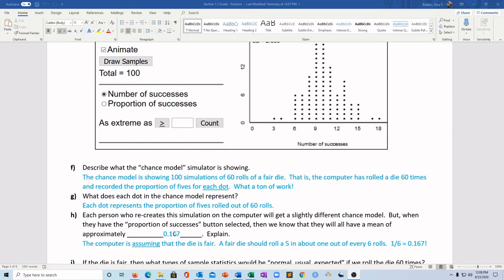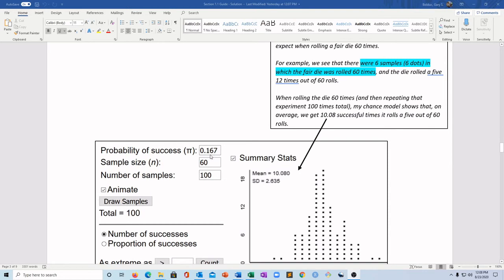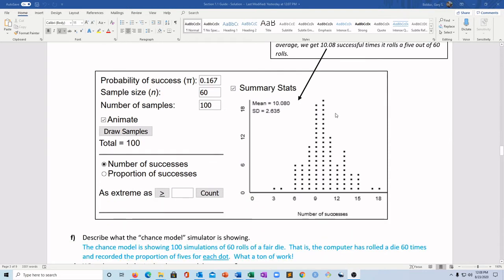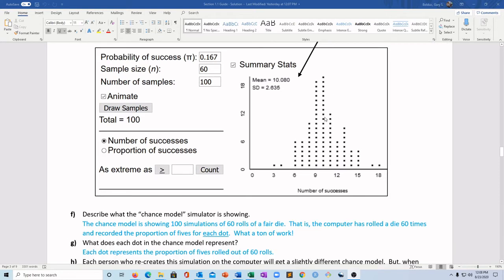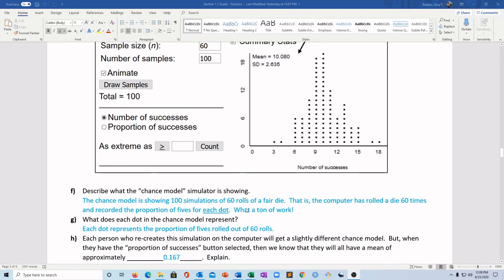Mean, remember, just means middle. And that's because we told the computer that's what should happen. It's a fair die. So everyone who does this, sometimes the computer will get lucky, sometimes it'll get unlucky. But for everyone, most of the time the computer should have statistics, as in the proportions that they get, right around the middle.